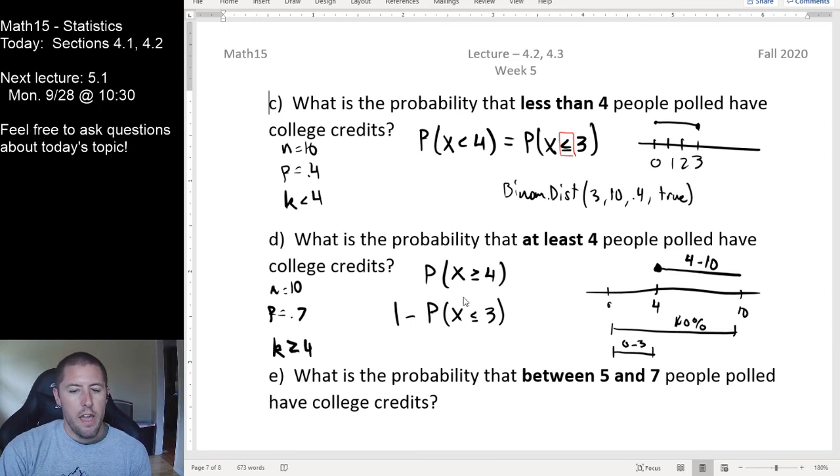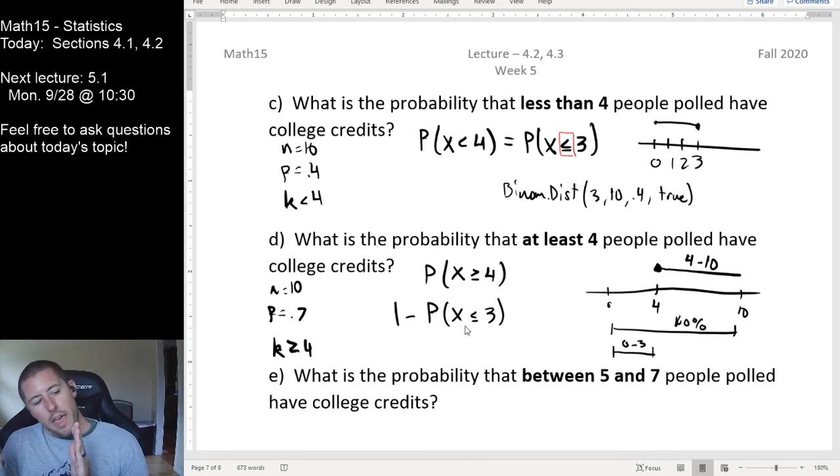So I can do a flip of the scenario, and always rephrasing things in terms of a less than or equal to is going to be key for us, because all semester, for every different distribution, all cumulative probabilities we ever compute will be computing values that are less than the value of interest, never more than the value of interest.